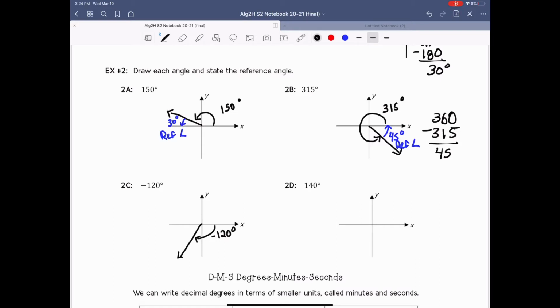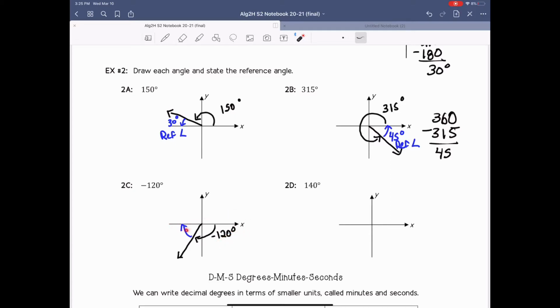And the reference angle is just going to be the acute angle that is formed by the terminal side and the x-axis. So this is the reference angle right here. I need to find what that is equal to. If I know that a half rotation would be negative 180, what do I have to do to get from negative 120 to negative 180?